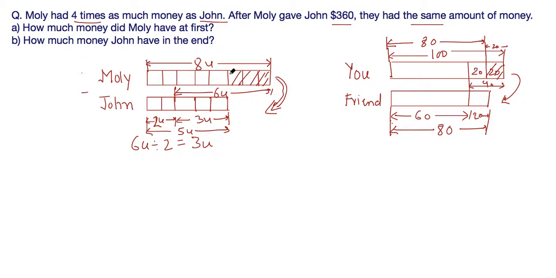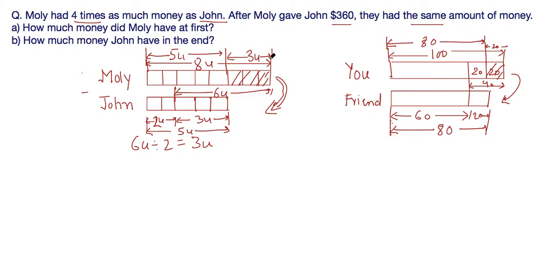Now how about Molly? After giving 3 units of money to John, she is left with 8 minus 3, 5 units of money. So she is also 5 units now. At the end both are 5 units.